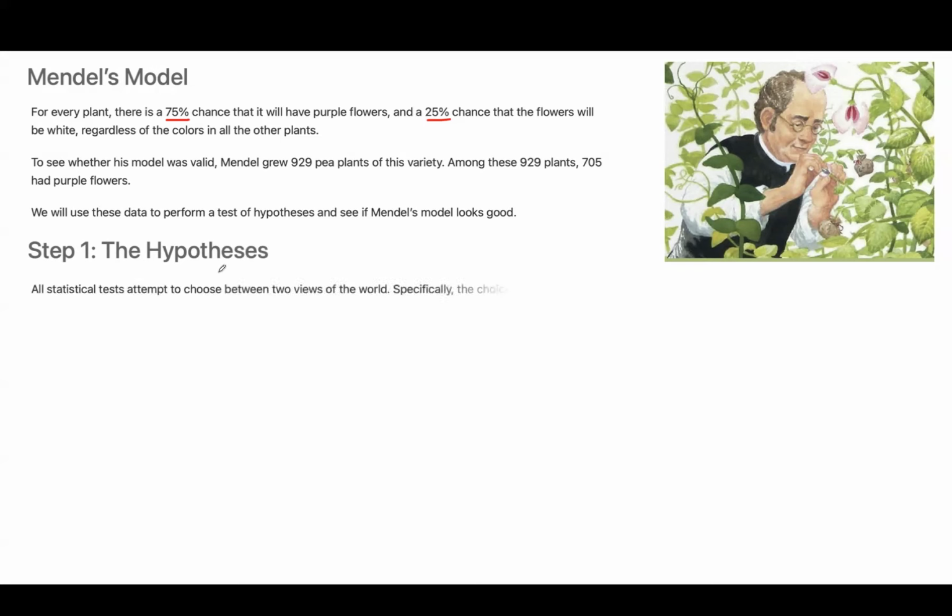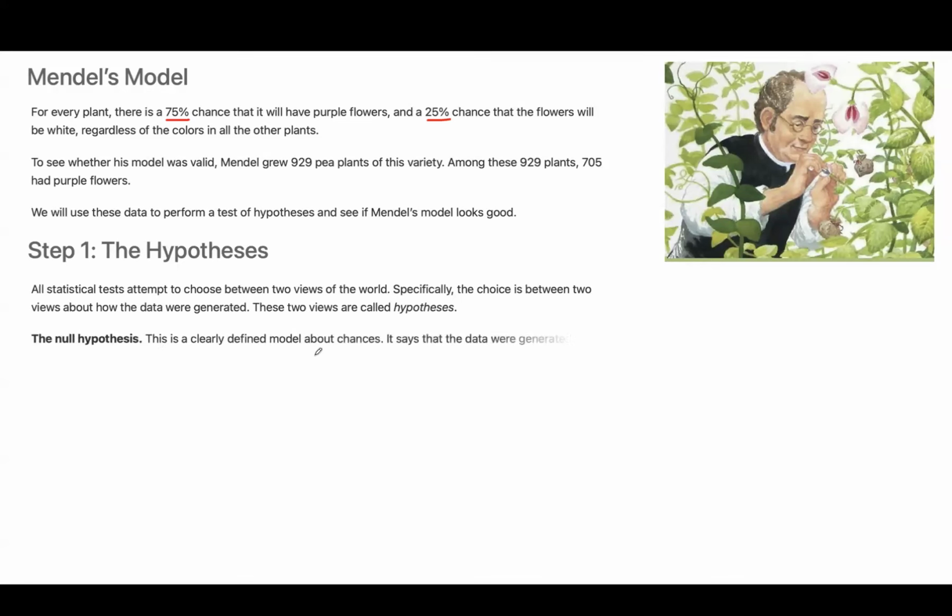As we talked about before, we have a null hypothesis and an alternative hypothesis. All statistical tests attempt to choose between two views of the world, especially the choice between two views about how the data were gathered and generated. These two views are called hypotheses. The null hypothesis is a clearly defined model about chances.